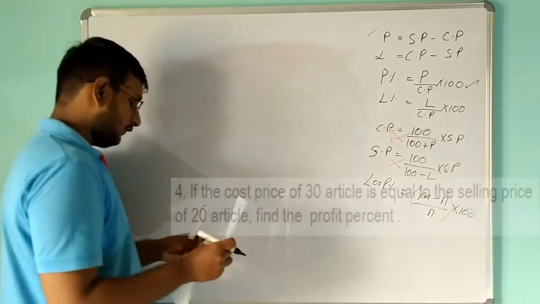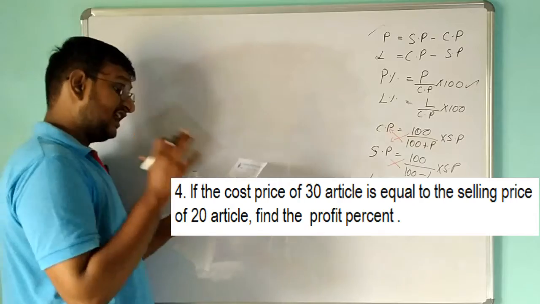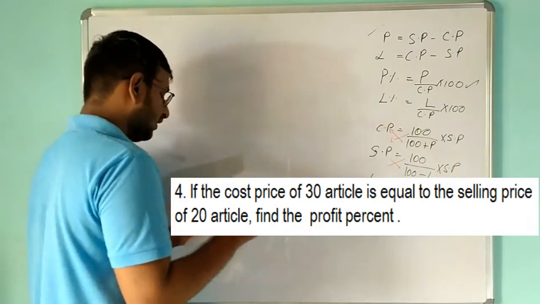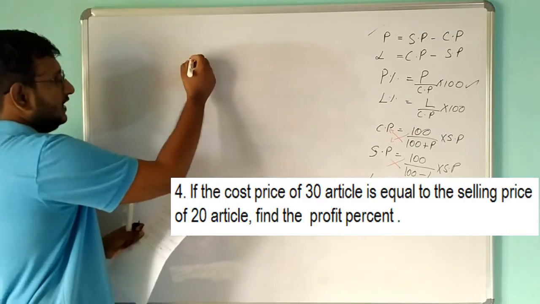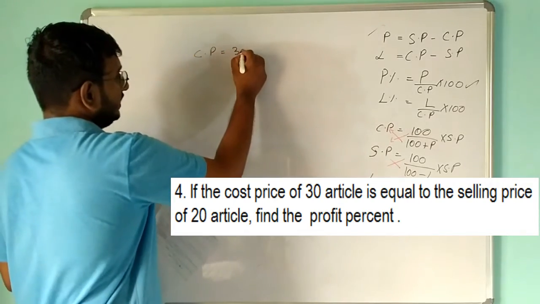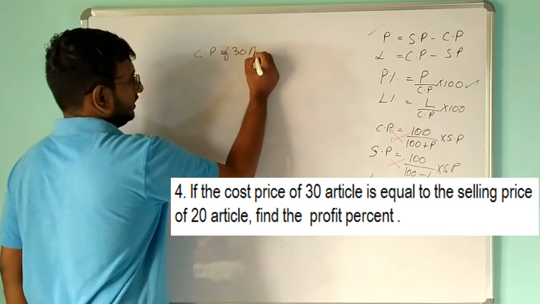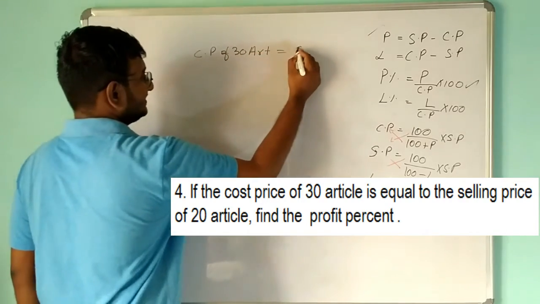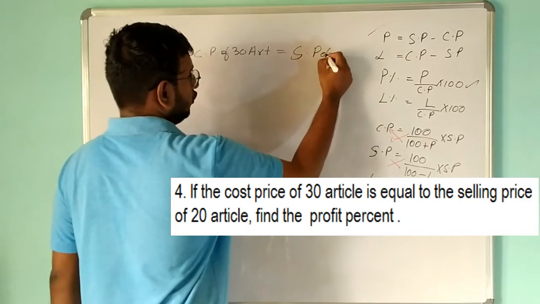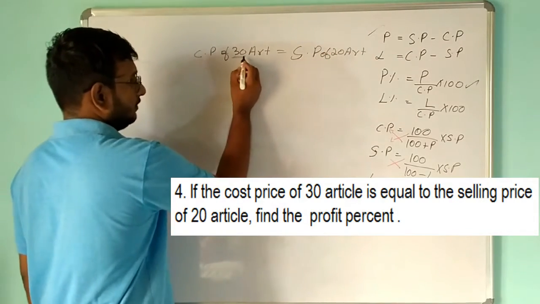So the question says that the cost price of 30 article is equal to the selling price of 20 article. So they are saying that the cost price of 30 article is equal to selling price of 20 article. Okay, so they have given the article numbers.